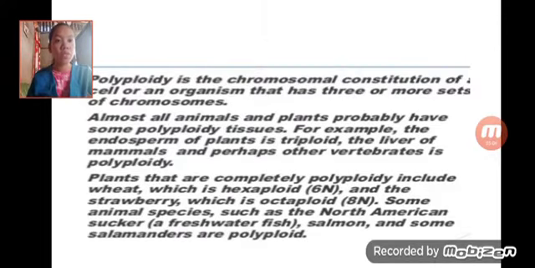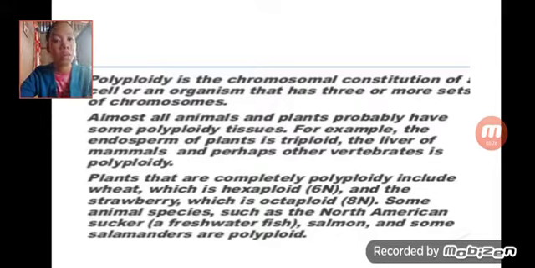Polyploidy is the chromosomal constitution of a cell or an organism that has three or more sets of chromosomes. Almost all animals and plants probably have some polyploid tissues. For example, the endosperm of a plant is triploid. The liver of mammals and perhaps other vertebrates is polyploid.